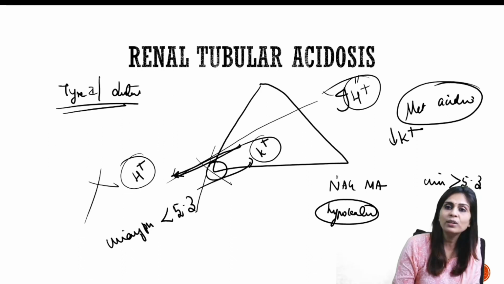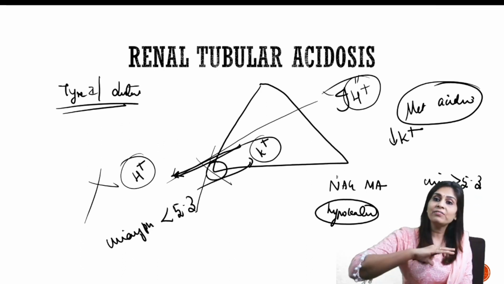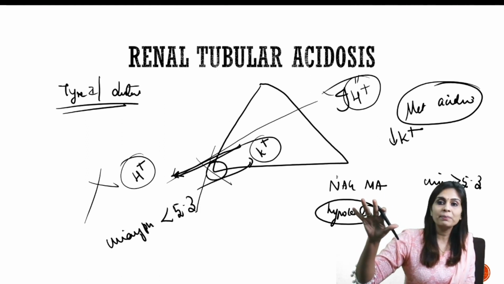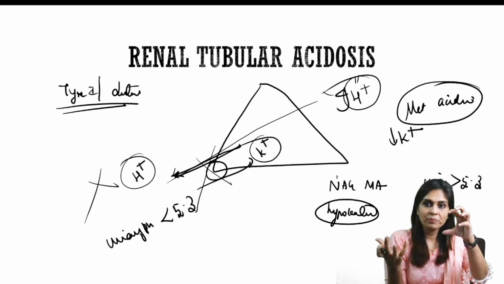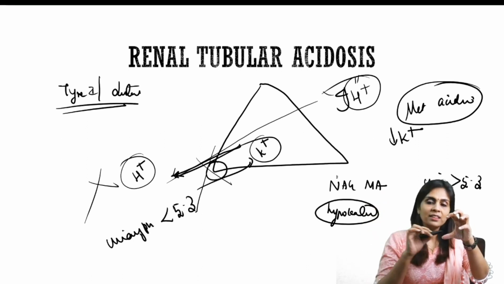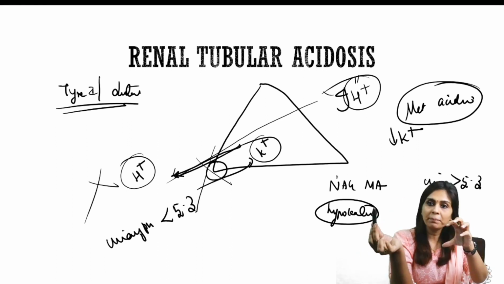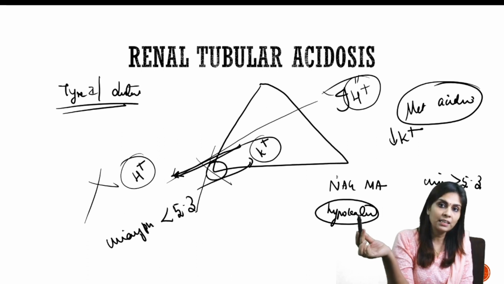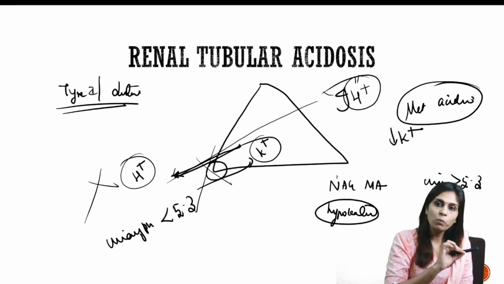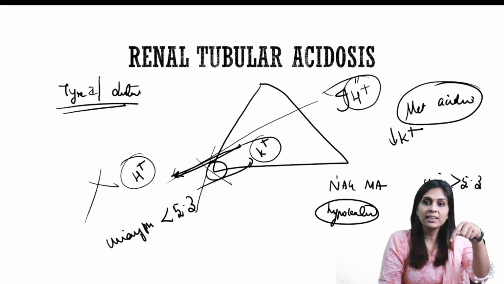So this hypokalemia is a classical feature of renal tubular acidosis, because in every other form of acidosis what you expect is hyperkalemia, because you know the cell is a buffer. So when there is acidosis, the cell will try to take in H plus and reciprocally it gives out K plus. So in most of the forms of acidosis you find hyperkalemia, but only in type 1 and type 2 renal tubular acidosis you are going to find hypokalemia.